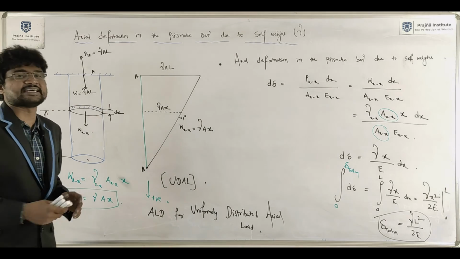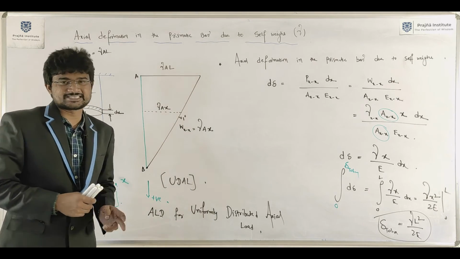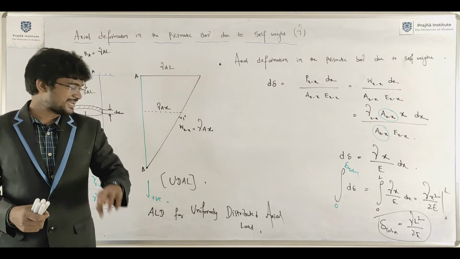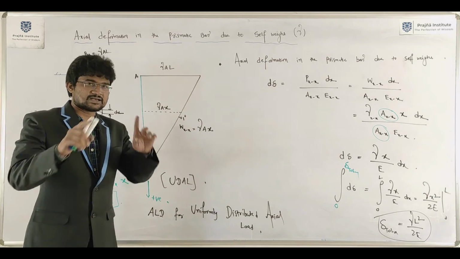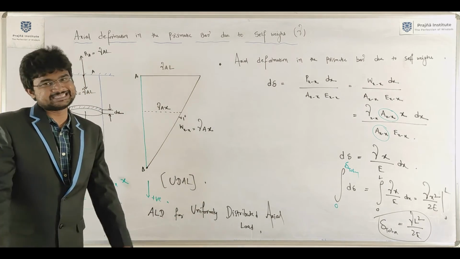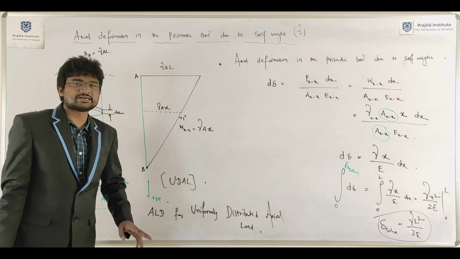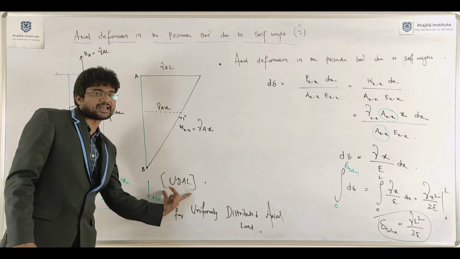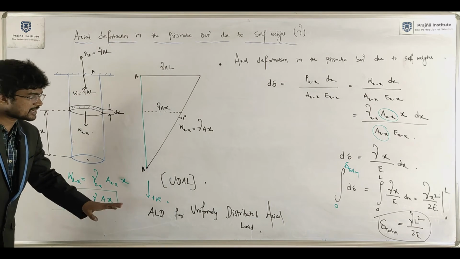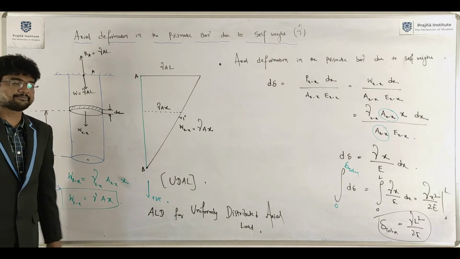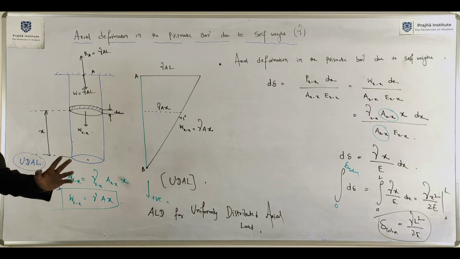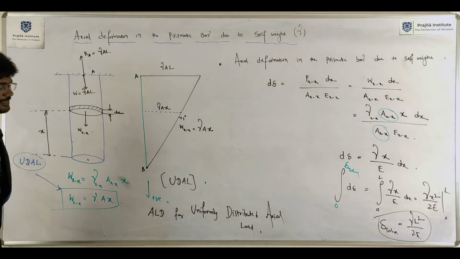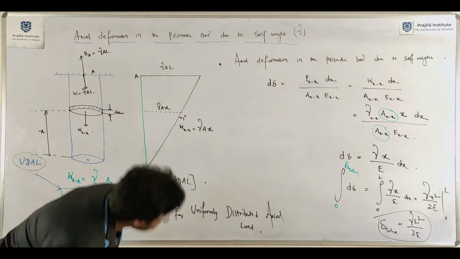Out of 12 cases, this is the second case out of 12 different loading conditions. Till now we discussed point axial loading and uniformly distributed axial loading, and the corresponding loading diagrams. That's it. Okay, clear?